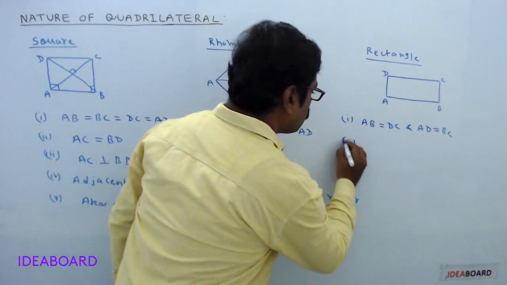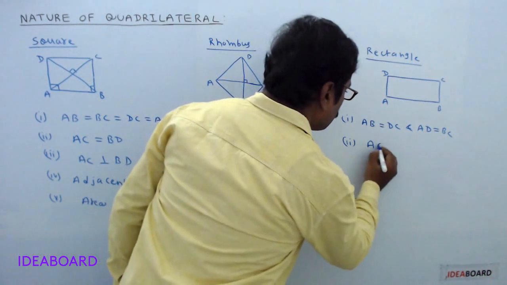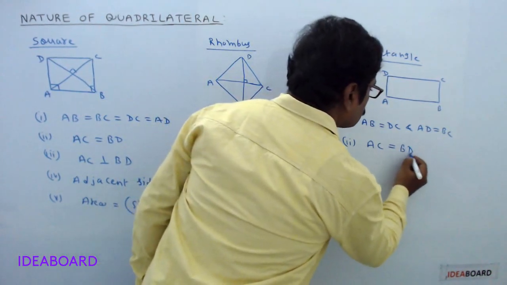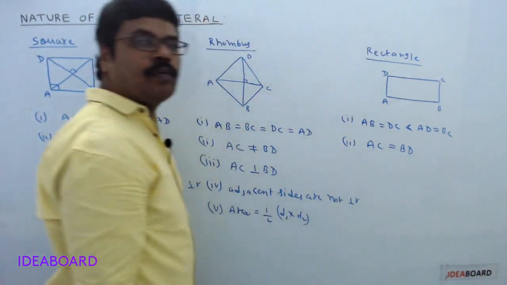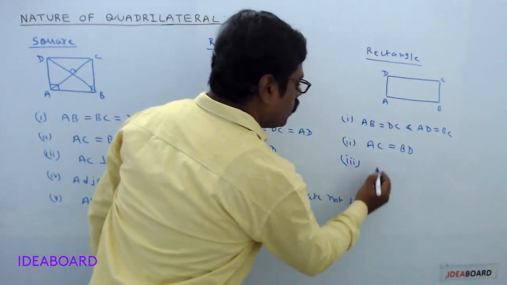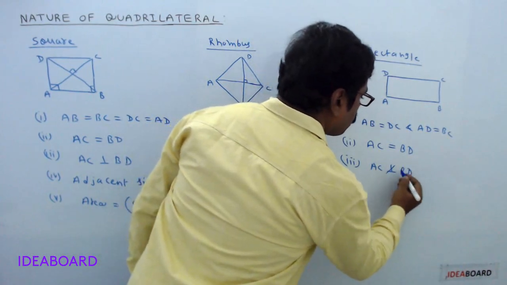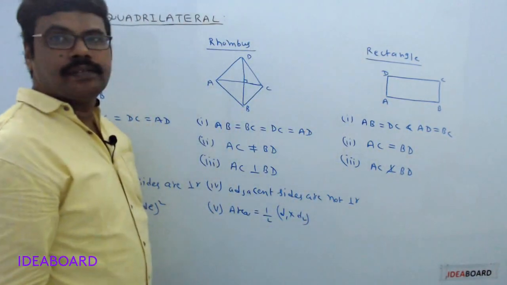Then second condition about diagonals. Diagonals are equal. So AC equals BD. Third condition, diagonals are not perpendicular. So AC is not perpendicular to BD.